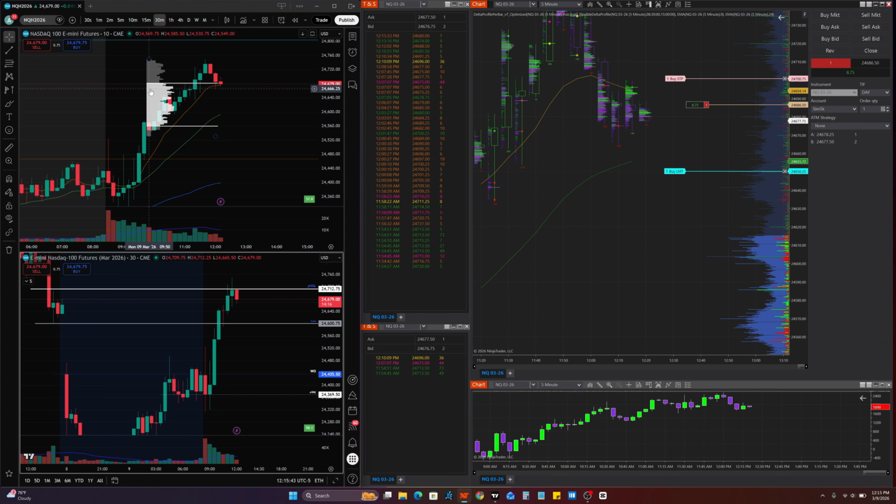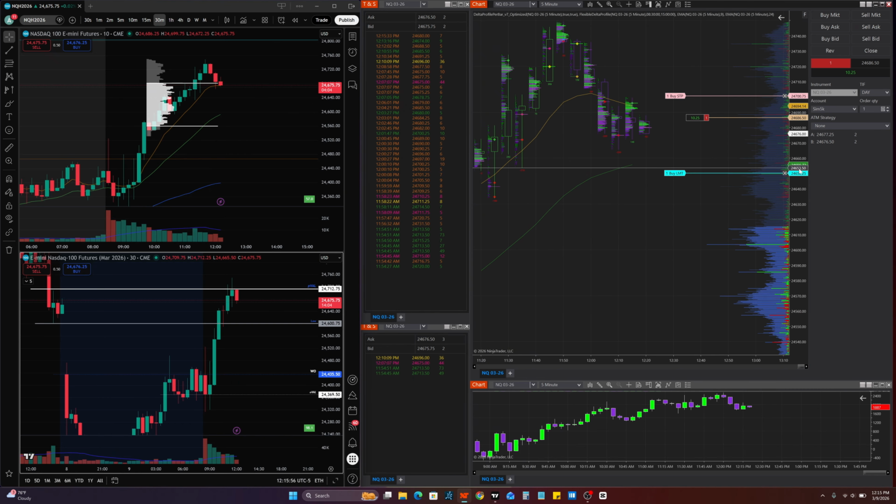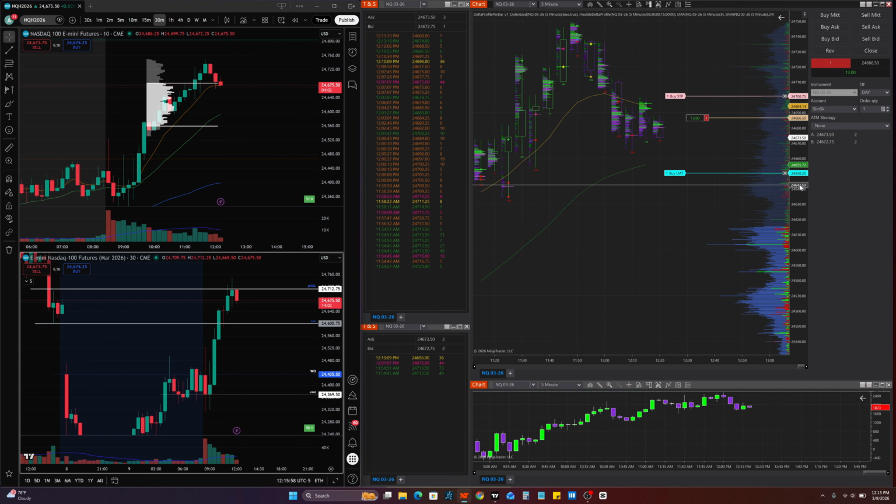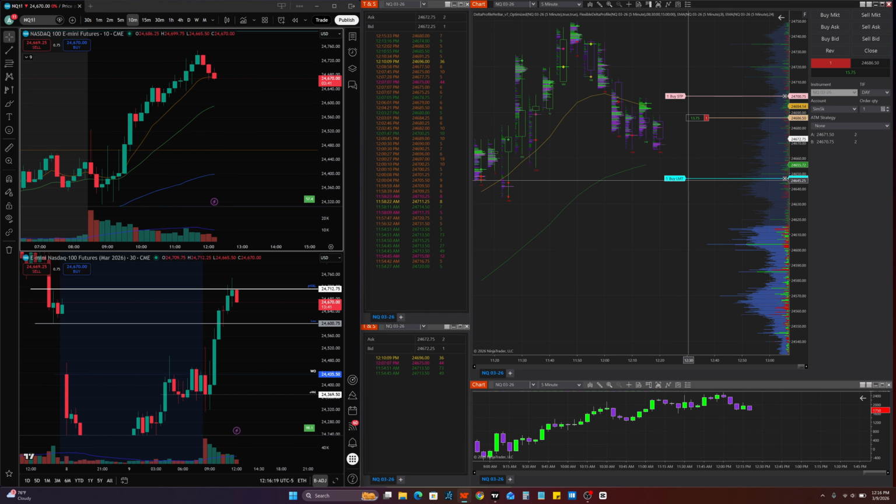This profile on the left-hand side, I've drawn it from 10 o'clock up until now, and it looks pretty balanced. I don't see any crazy gaps in the profile. You can see now the aggression coming in. That is a good sign.